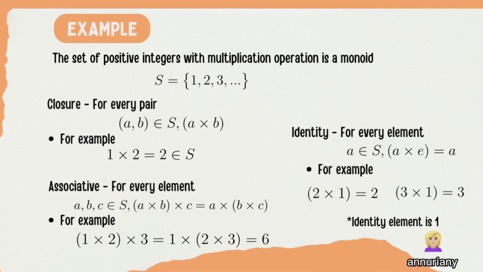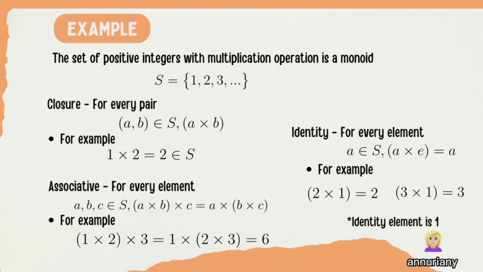Associative: for every element A, B, C in S, in brackets A times B, times C, equals A times in brackets B times C. That means for the example, when we multiply 3 numbers, even if the bracket is changed, we will get the same answer.